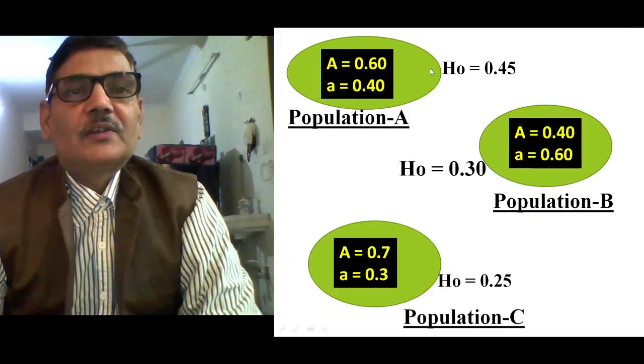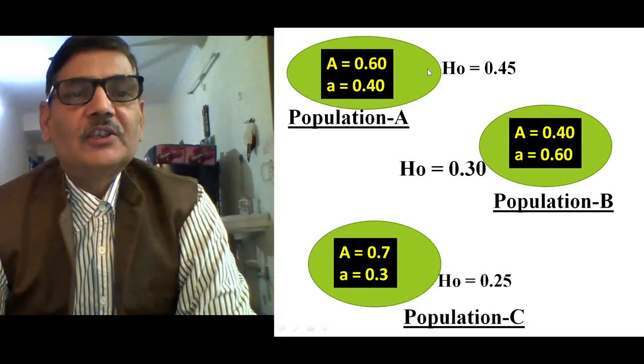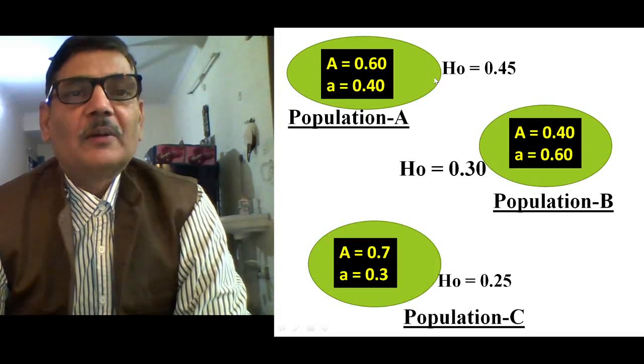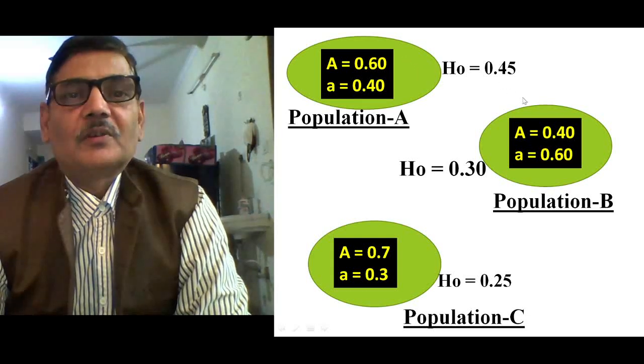So we can understand this calculation by considering an example. In this diagram, we are observing that there are three different populations.